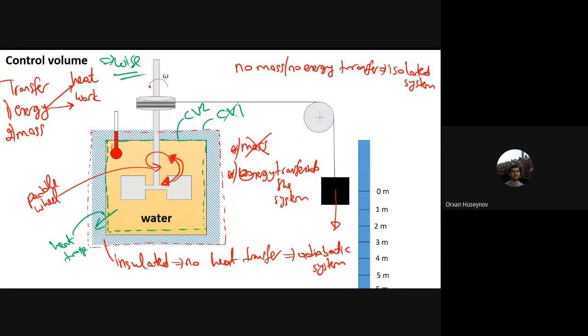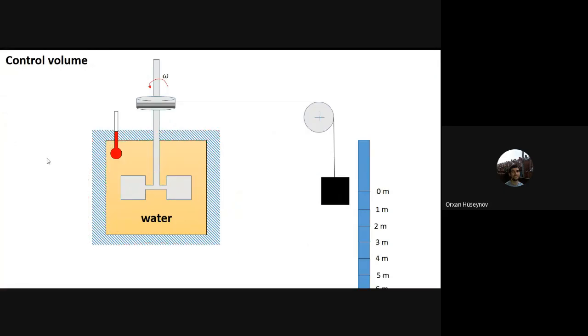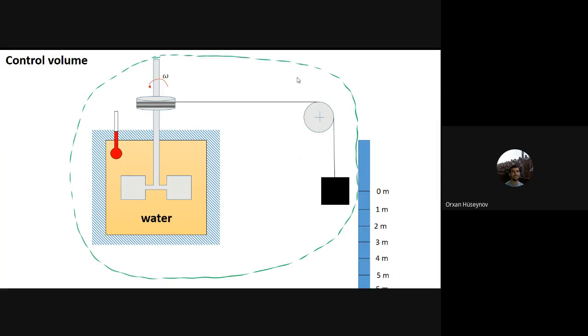For this system, I can do one more funny thing that you have not thought about. For example, I can select my control volume or system, something like this one. It is also possible. Nobody can say that you cannot select this control volume. You can even select the control volume of the universe.